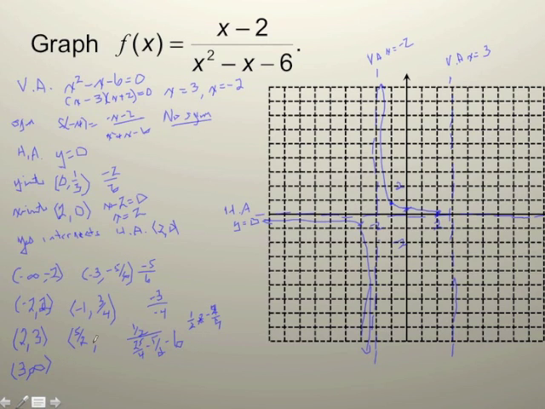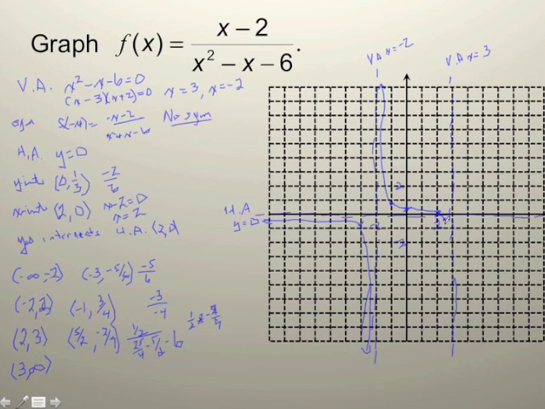Cancel, cancel. So this is going to be -2/9. So 5/2 would be halfway between 2 and 3, and -2/9 would be approximately right here.